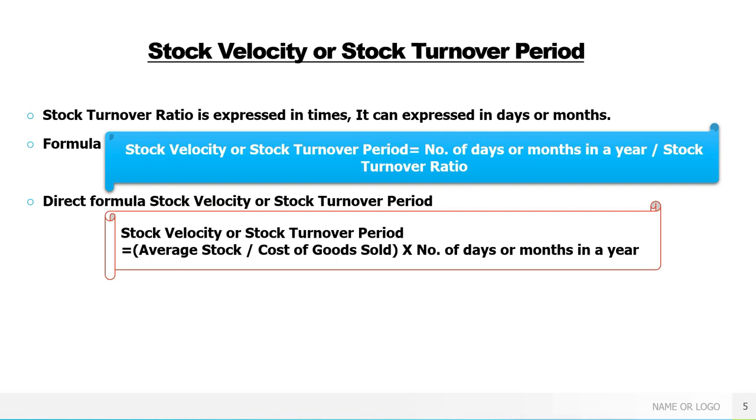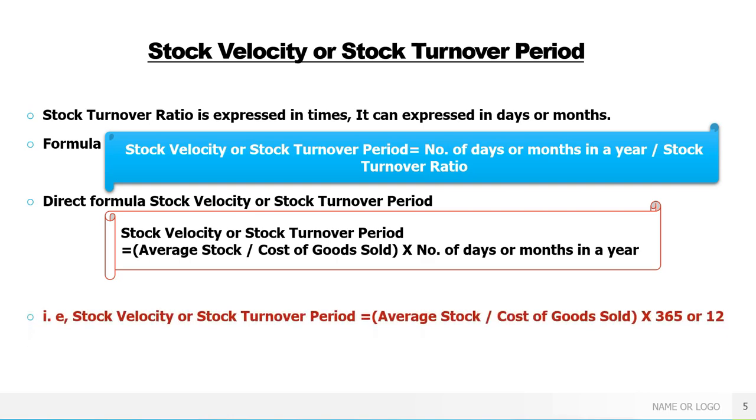We know that number of days means 365 days in a year, and months means 12 months in a year. So we can say the stock velocity or the stock turnover period is equal to average stock divided by cost of goods sold, into 365 or 12. This is the concept related to stock velocity or stock turnover period.